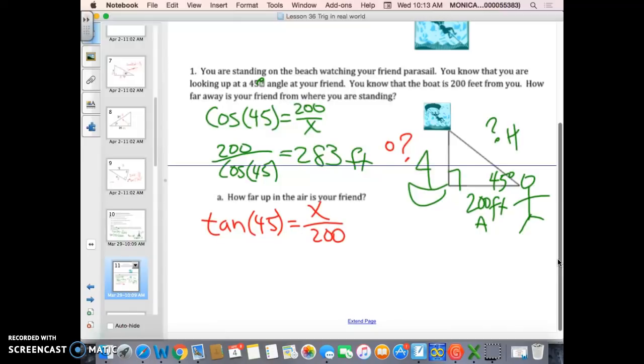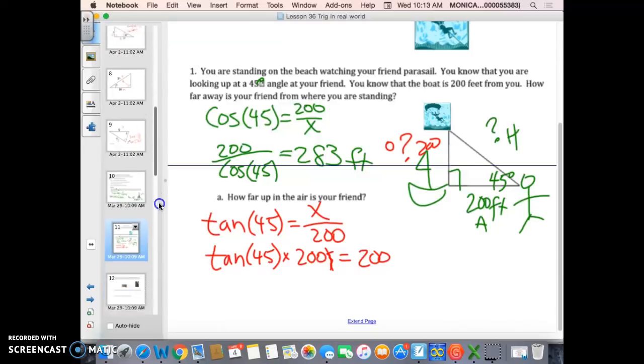X is up high, so you're going to multiply tangent of 45 times 200. And actually it's 200, which is interesting. So that means this is also 200, and we did the problem correctly.